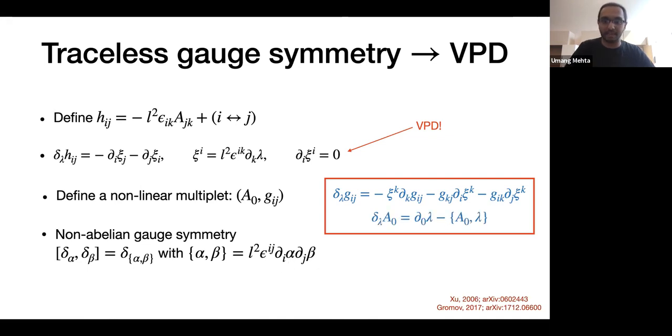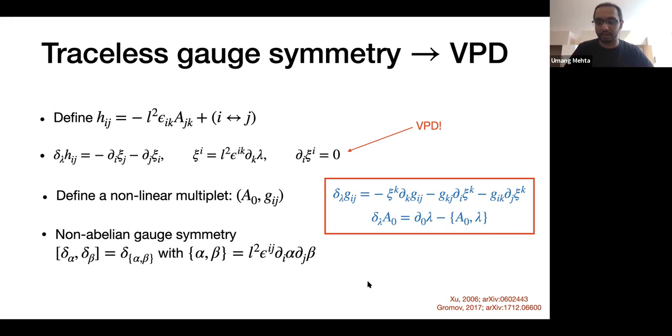One can correct the transformation of A0 with this Poisson bracket term, which is in fact just a Lie derivative of A0 with respect to Xi, and this now agrees with this non-abelian nature. So our generalization of this traceless gauge symmetry is in fact a non-abelian symmetry.